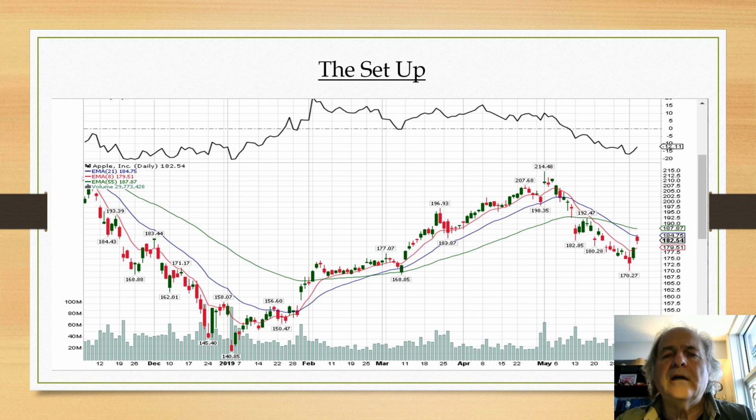The line above is called the ROC. You could find it as MOM. They both stand for momentum, and essentially it's a reading of the energy that's driving the market. So you can see in about the middle of the chart, you can see a high in the ROC, and then as that price declines, you see the price of Apple rising till the high point in Apple on the right hand side does not match a high point in the ROC.